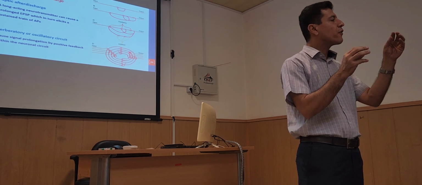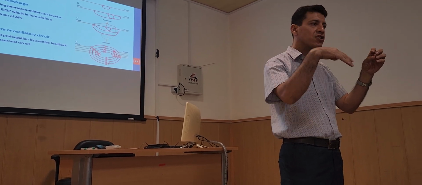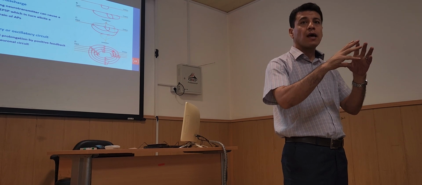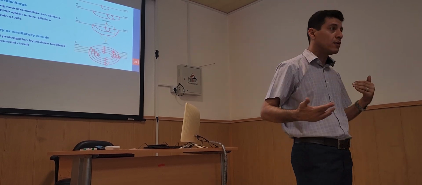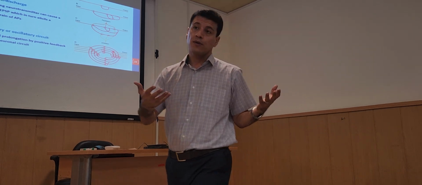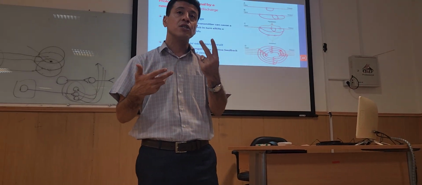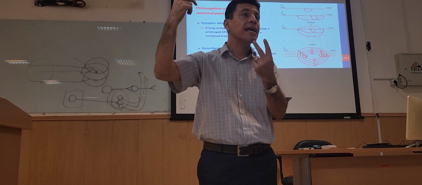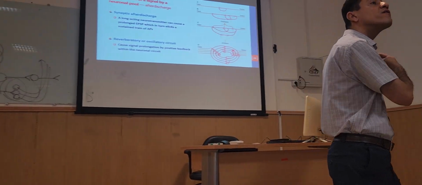So if you have release of, for example, substance P, then its action on the postsynaptic neuron persists more than the small molecule neurotransmitters, right? So we have prolongation of the action. So two ways for prolongation of an action are using a long-acting neurotransmitter or using a reverberatory circuit.